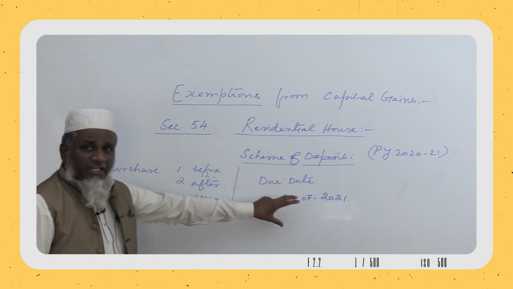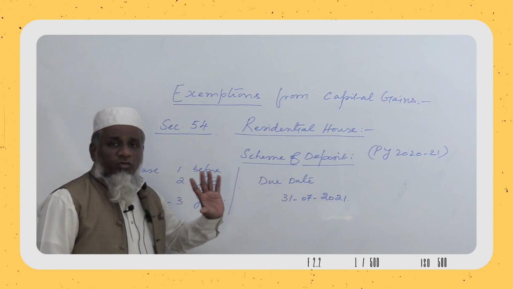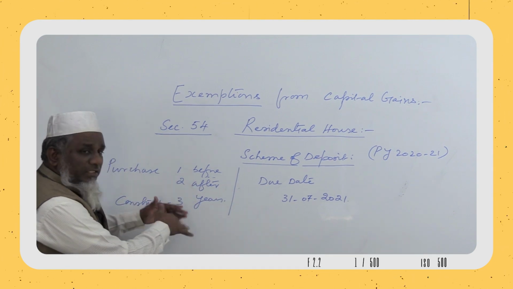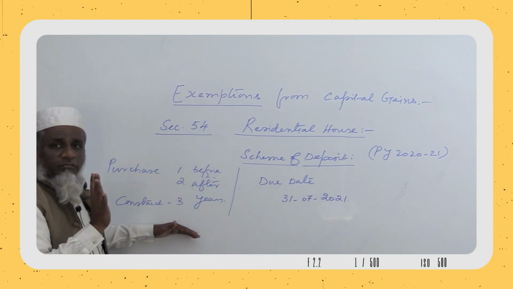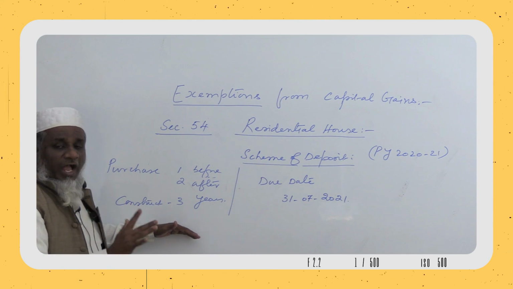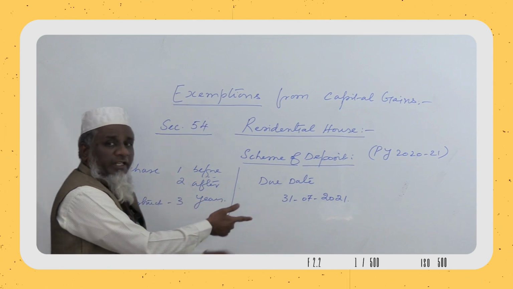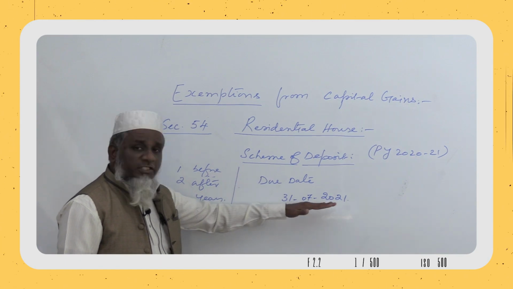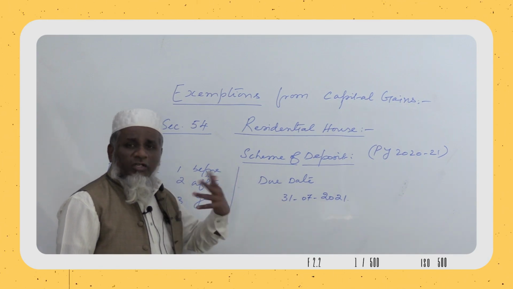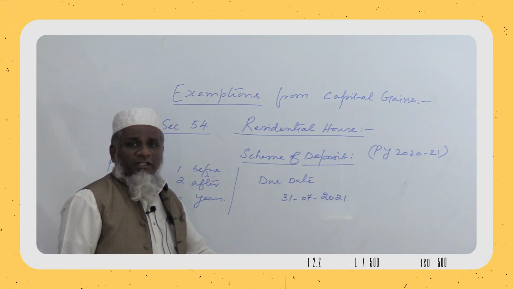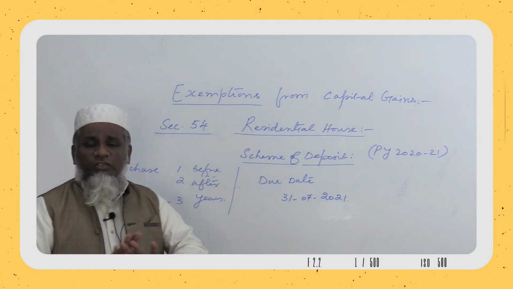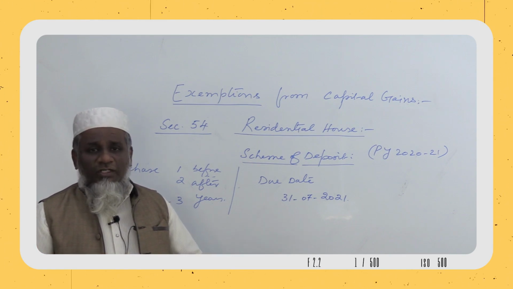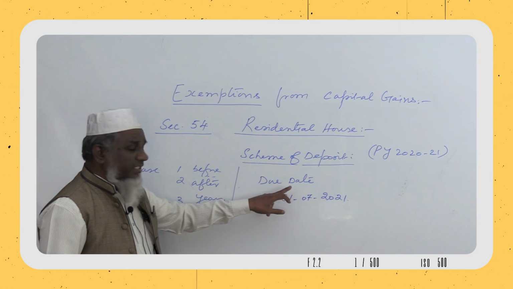Whereas the Act says, before the due date of filing the return, if I am able to purchase another house, well and good; otherwise, I should deposit in any nationalized bank under the deposit scheme before this due date. If I have not deposited, then the chance of claiming exemption is over. You cannot claim exemption.